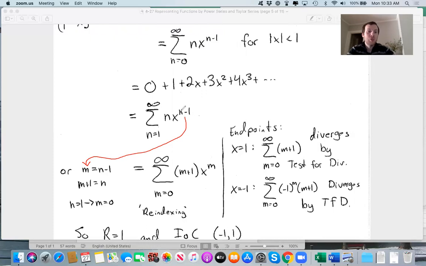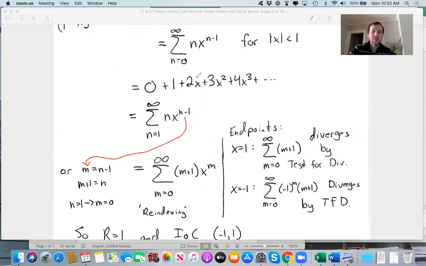And what happens if we try to do that? Well, then we're thinking like a little U substitution-esque. We're seeing what happens to where we start and what happens to this n, which is the coefficient. So if we want to make this substitution here, call n minus 1 m, then adding 1 to both sides, n is m plus 1.